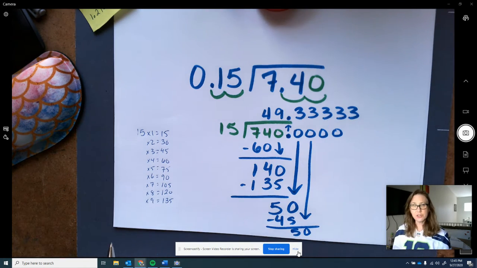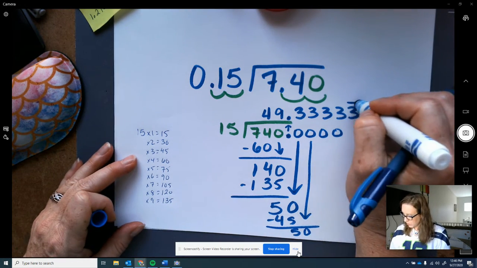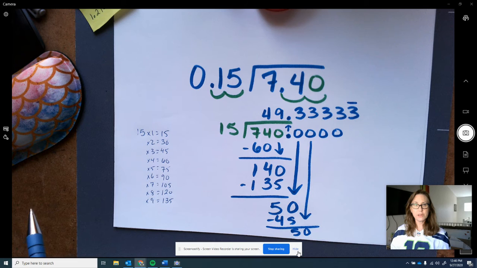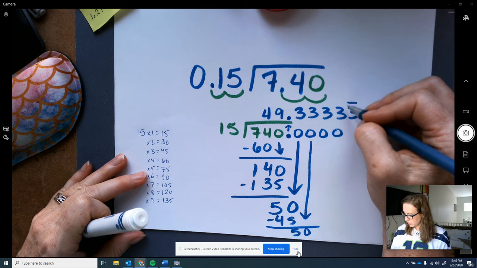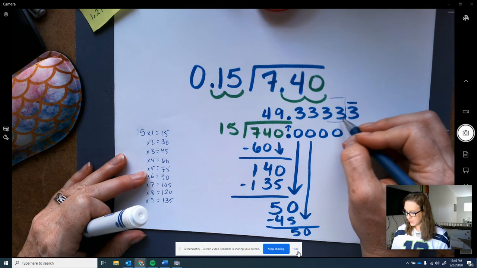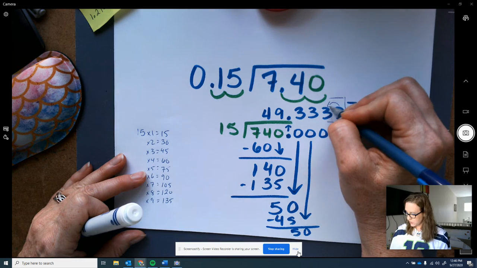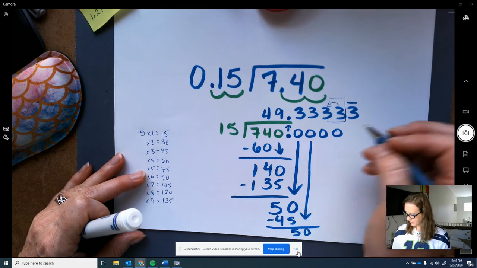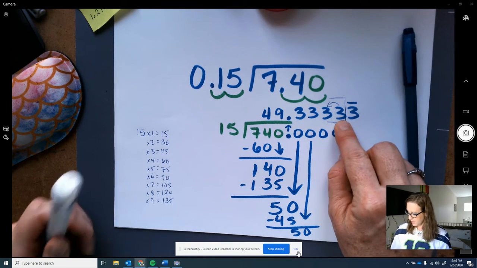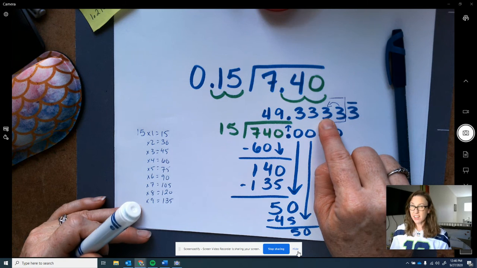In 6th grade, you do one of 2 things. If it repeats, you pick one and you put a line over it. That tells the reader of the number that that number repeats forever and it never ends. The other thing you can do is go to the 10,000ths place and use it to round to the 1,000ths place. So does that 3 stay a 3 or turn to a 4?